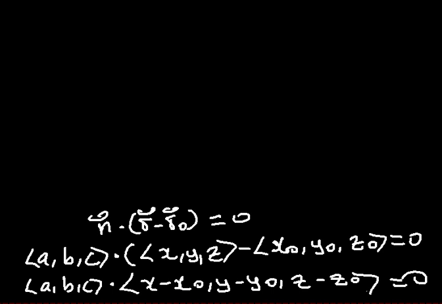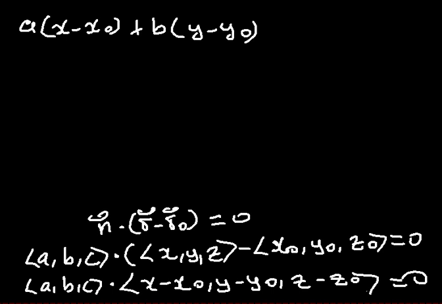A scalar equation is obtained upon having the dot product of this vector as well as this vector. So in that case, we'll have a times x minus x naught, plus b times y minus y naught, and plus c times z minus z naught, which is equal to 0. This is what you call the scalar equation of a plane.